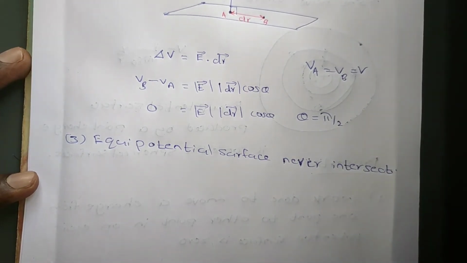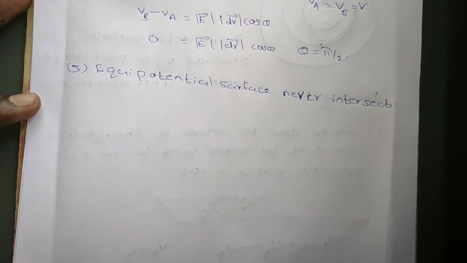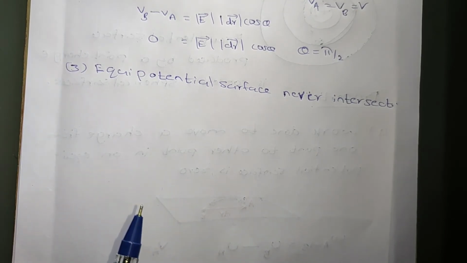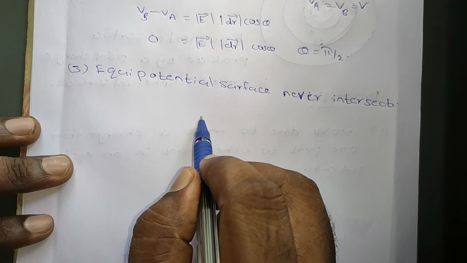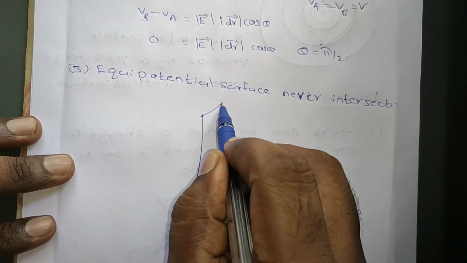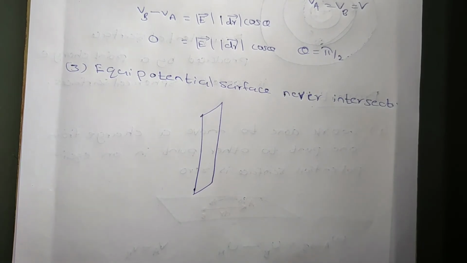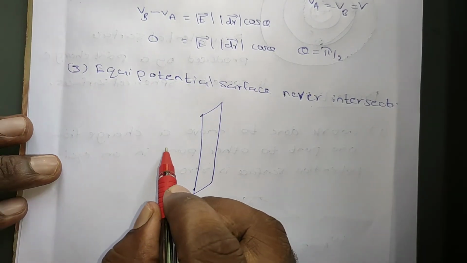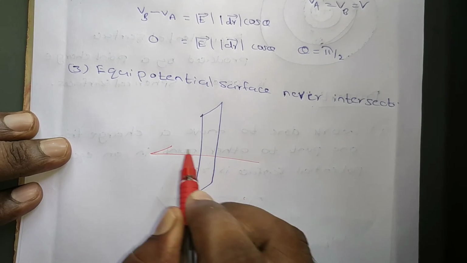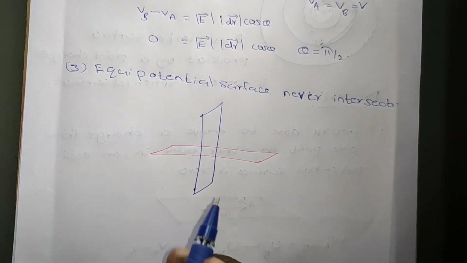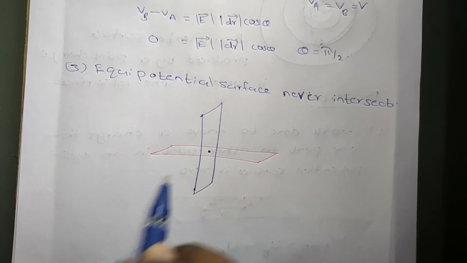How can we say that equipotential surfaces never intersect? If they intersect, what will happen? We will see. This is one equipotential surface, and another equipotential surface I am going to consider. I am assuming that these equipotential surfaces are intersecting here.